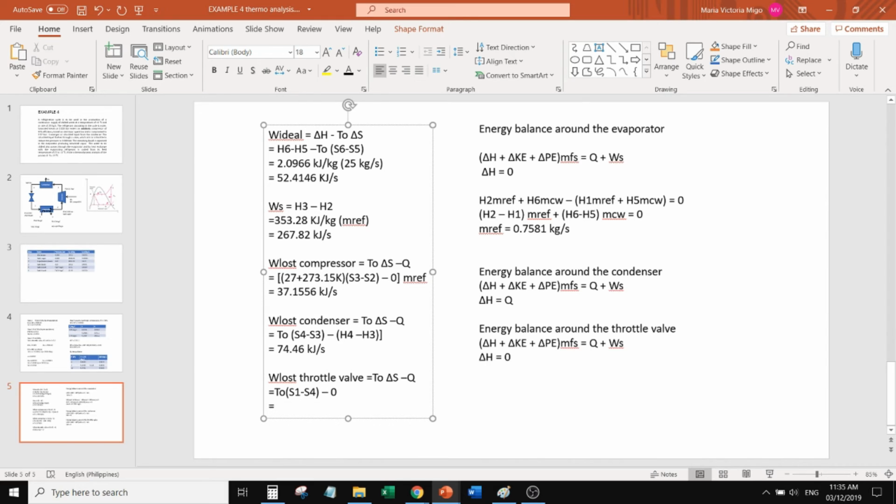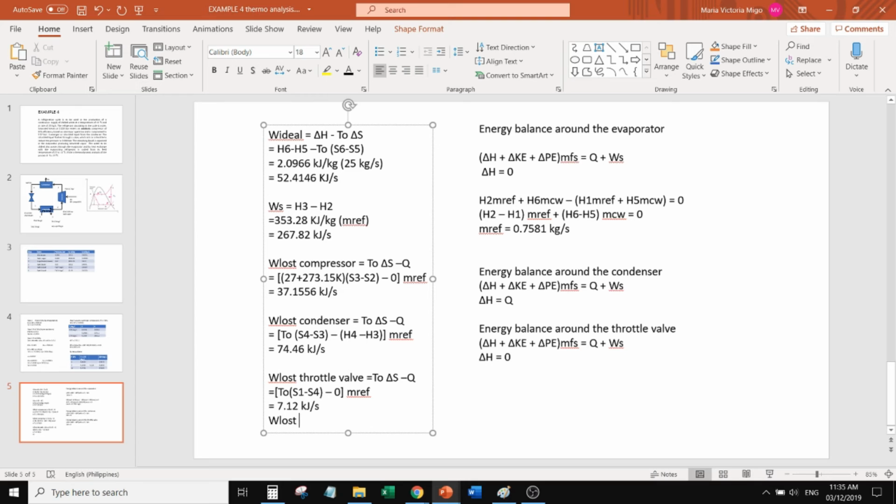Plugging in everything and multiplying by the mass flow rate of the refrigerant, this is kilojoules per second.